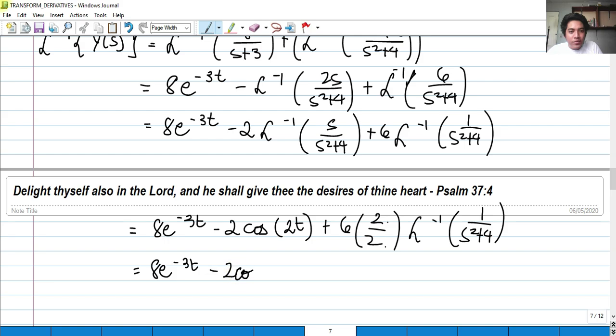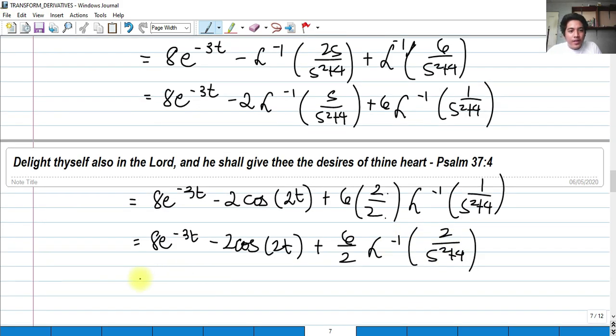So we have negative 2 cosine 2t, plus 6 over 2, then the inverse Laplace of 2 over s squared plus 4. Then we have 8e raised to negative 3t minus 2 cosine of 2t plus 3, then this is now sine of 2t.